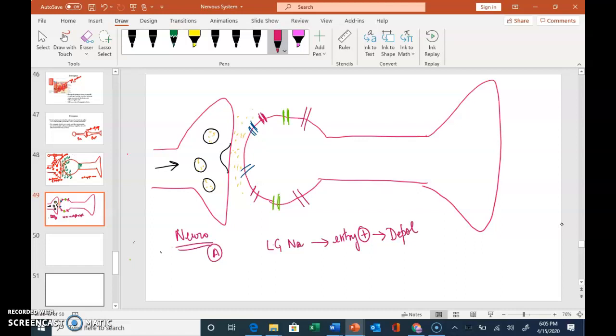Okay, next, let's say we have another neurotransmitter, B. And this neurotransmitter causes ligand-gated potassium channels to open up. And when these open up, we have potassium going out of the cell. So we have exit of positive charge that cause hyperpolarization of the cell.